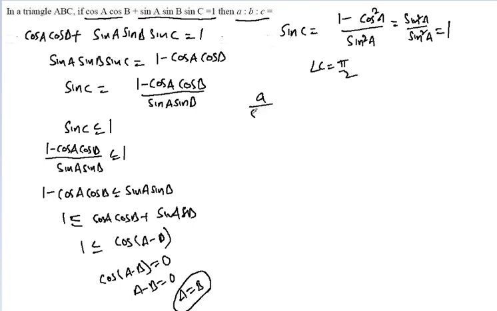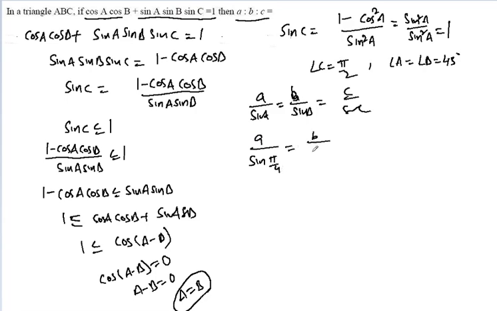We know from the sine rule that a by sin A is equal to b by sin B is equal to c by sin C. Here A is equal to B and angle C is equal to pi by 2. That means angle A is equal to angle B is equal to 45 degrees. So a by sin 45, that is sin pi by 4, is equal to b by sin pi by 4, that is equal to c by sin 90, that is sin pi by 2. a by 1 by root 2, b by 1 by root 2, equal to c by 1.